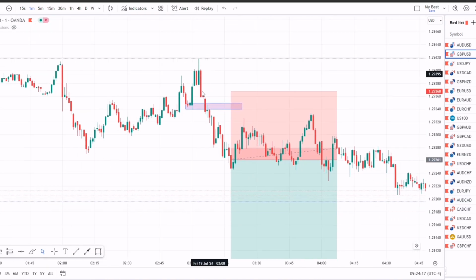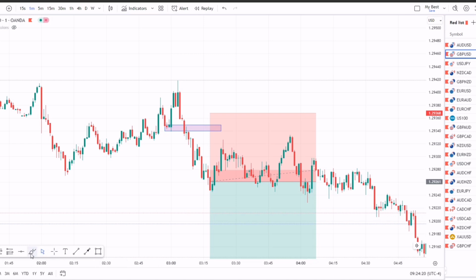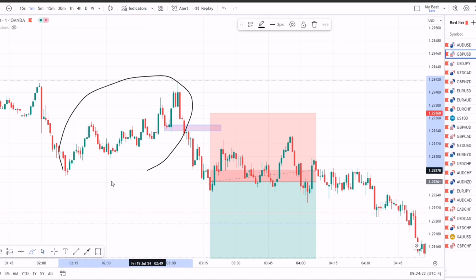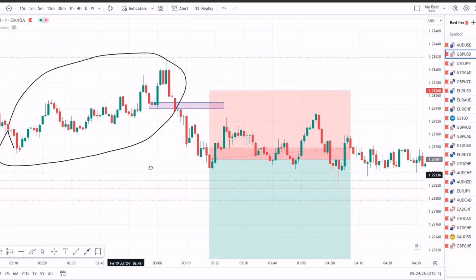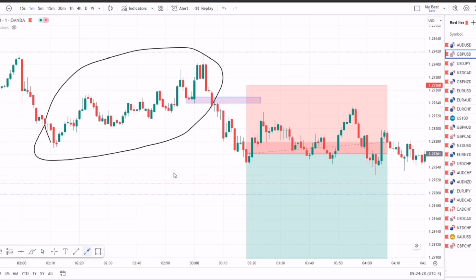You see this pattern right here. Let me circle it. It's exactly what I am talking about. That lower point was the last key level. Price came to close below it, and then I saw it a bit late.